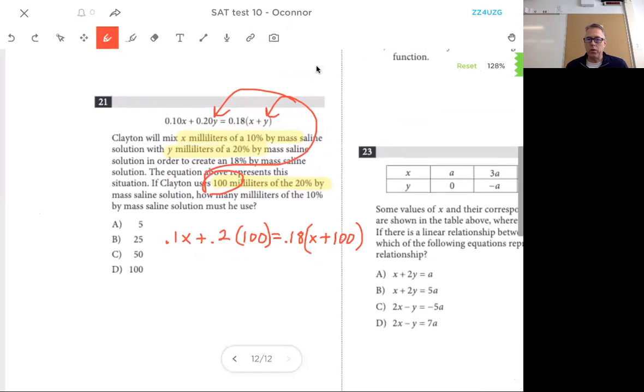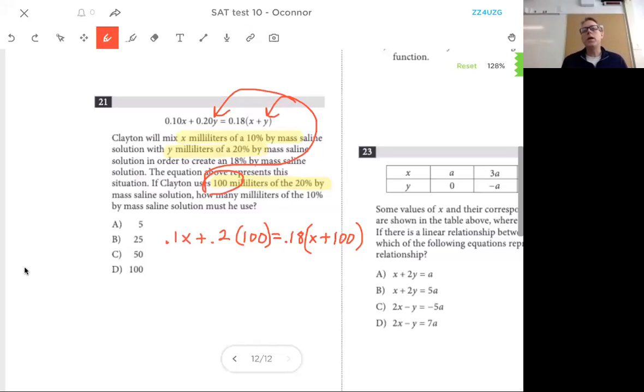This is part of the calculator portion, and in fact we can use our graphing calculator to solve that. You guys are good at the algebra and you probably could just solve that, or you might use a calculator also. I'm going to pull up my graphing calculator to show you real quickly, because you can use the TI-Nspire CAS on the SAT.